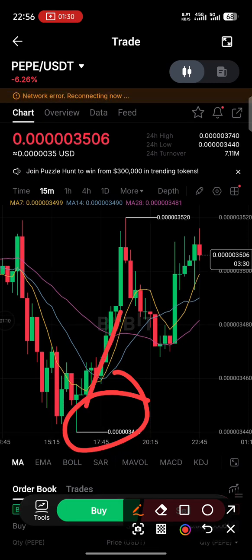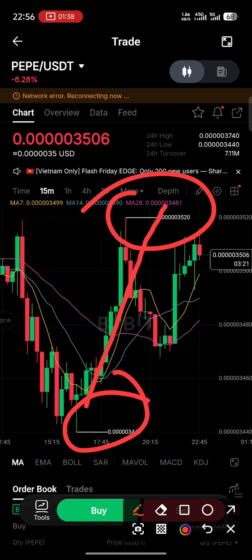And again, it took a very reasonable movement to 0.503520. You can see right here. Okay. All right. Now you have understood where this was and how high it went before it declined again to this place. Okay.